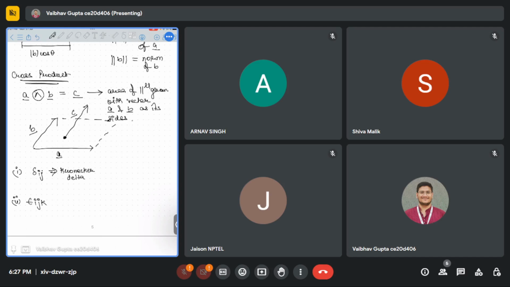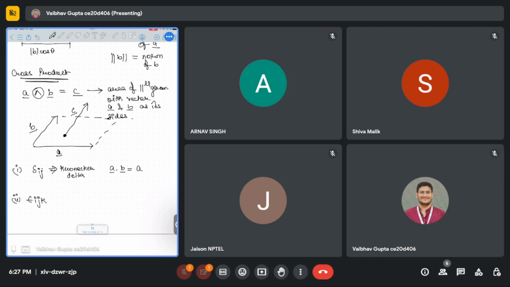So when A is dotted with B, it will be A_i B_j delta ij.